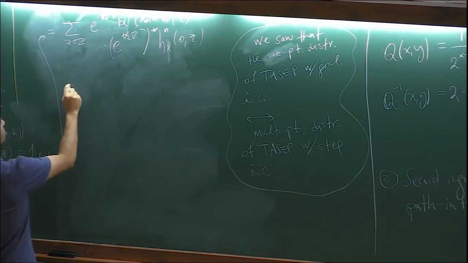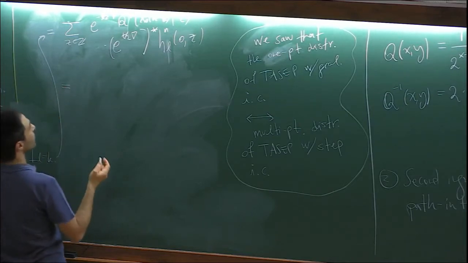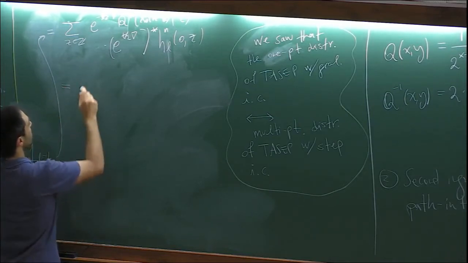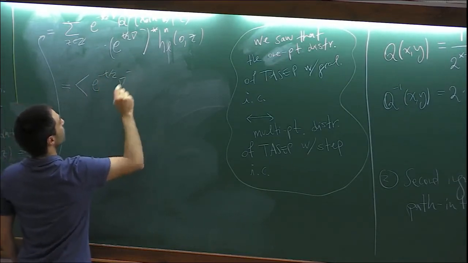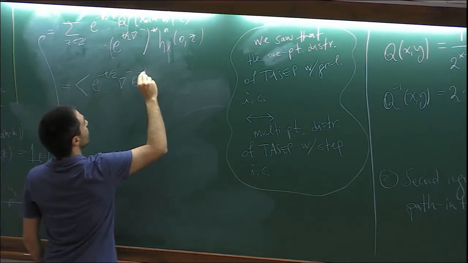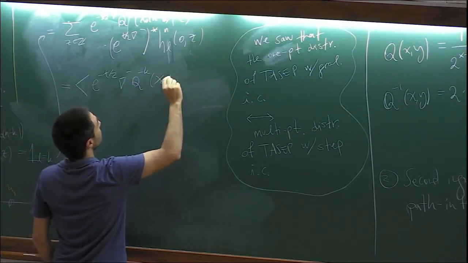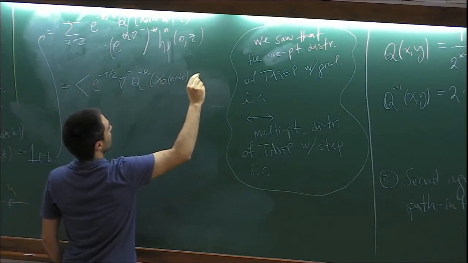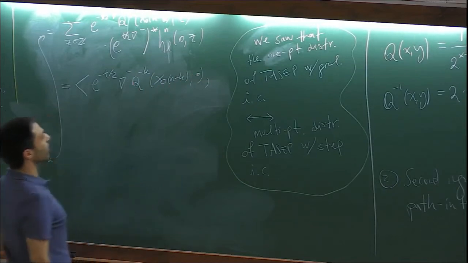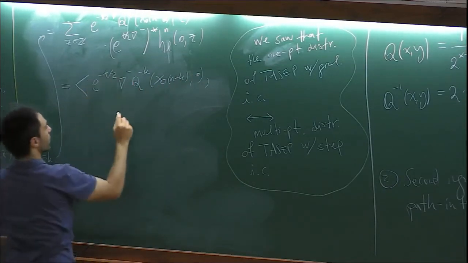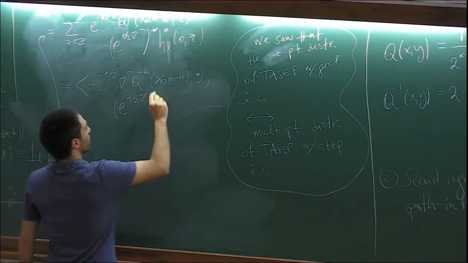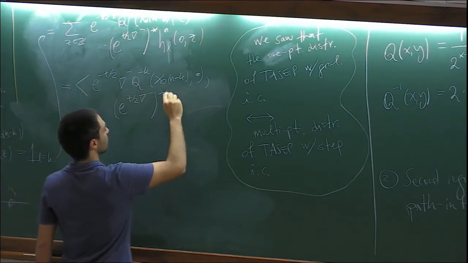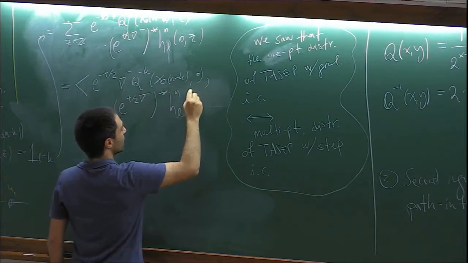Now this thing is really, I mean, maybe you already said it, but there's another way to do it. This is really the inner product of e to the minus t over 2 grad minus q to the minus k x0 n minus k with this function, e to the t over 2 grad minus star h l n 0.